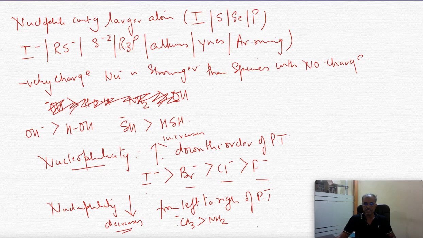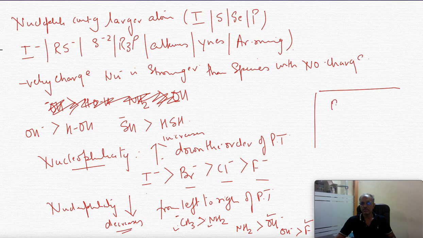Similarly, NH2 minus is more than OH minus because N comes before O. And similarly, OH minus is more than F minus. In the periodic table, it is B, C, N, O, F: boron, carbon, nitrogen, oxygen, and fluorine. So like that.